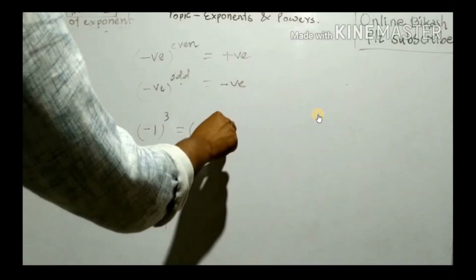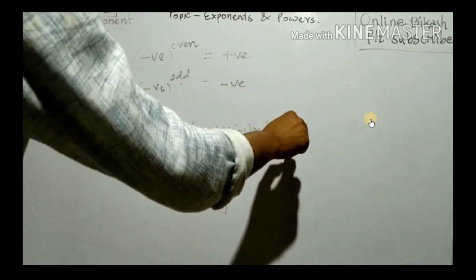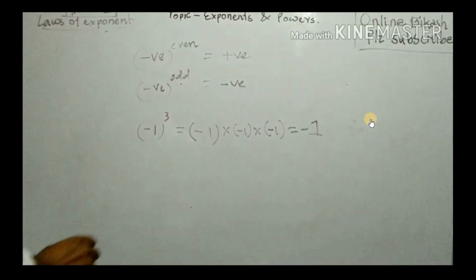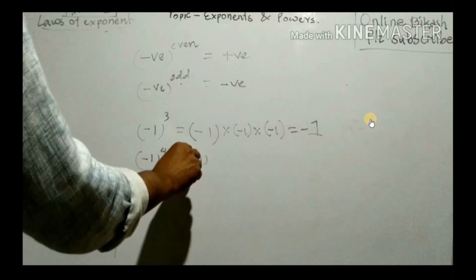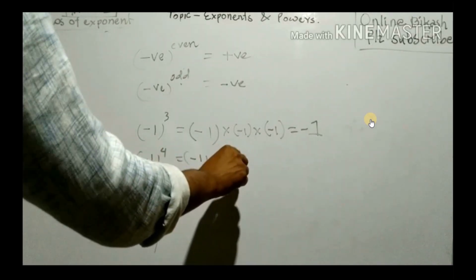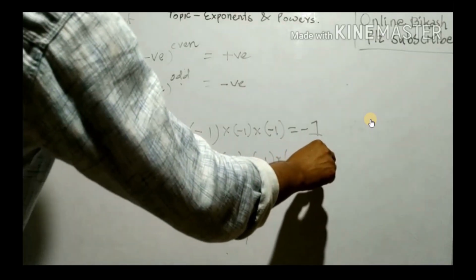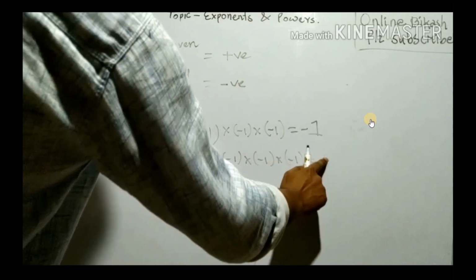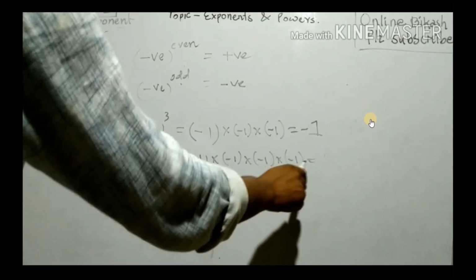Minus 1 will be multiplied 3 times repeatedly, so the answer will be minus 1. And if you multiply minus 1 to the power 4, four times repeatedly, then your answer will be plus 1. I'm not writing the plus sign, just simply writing 1.